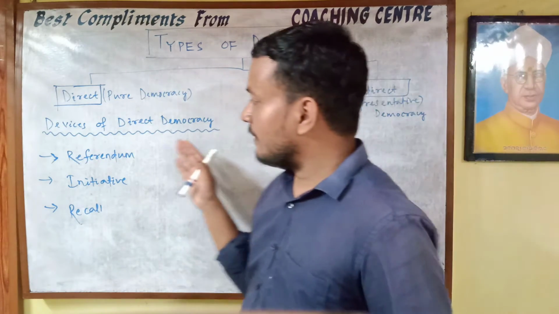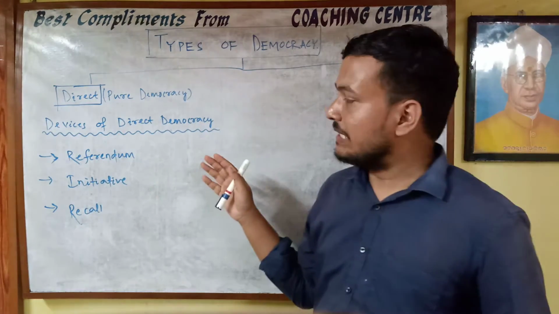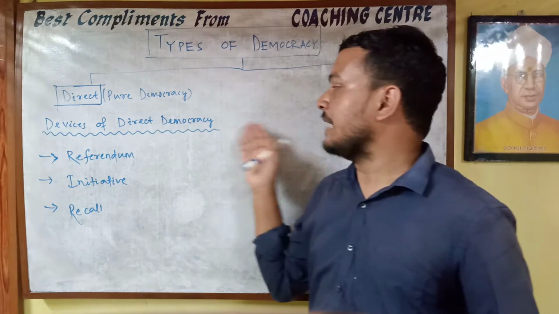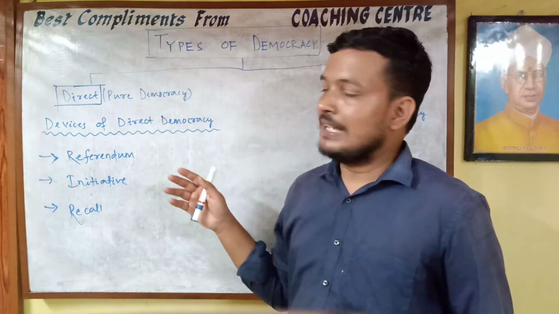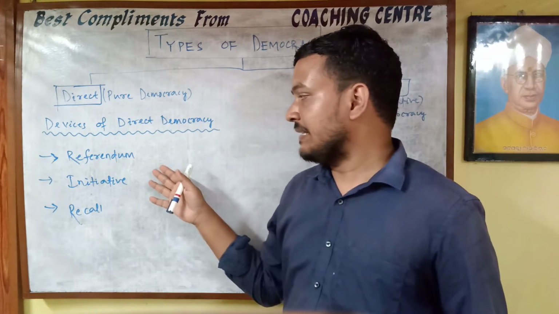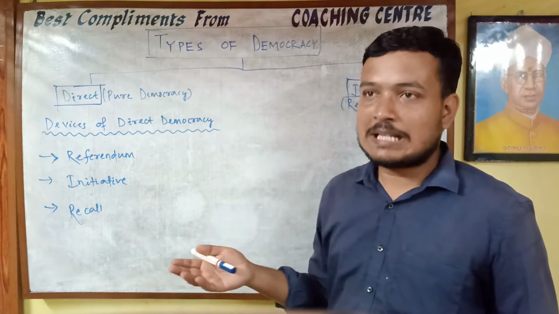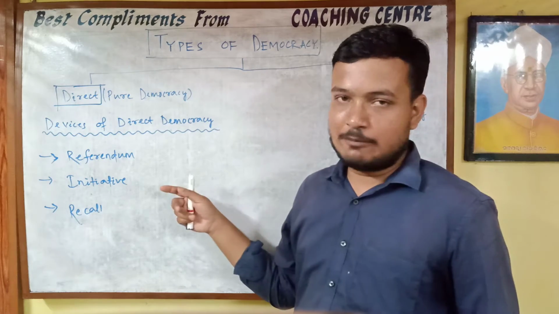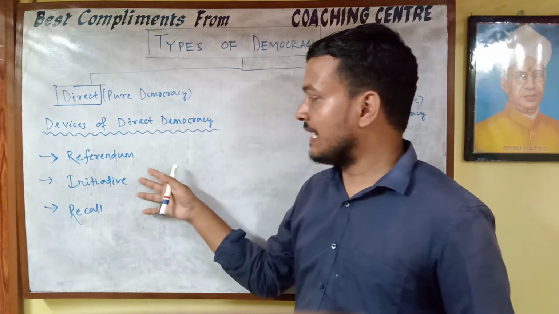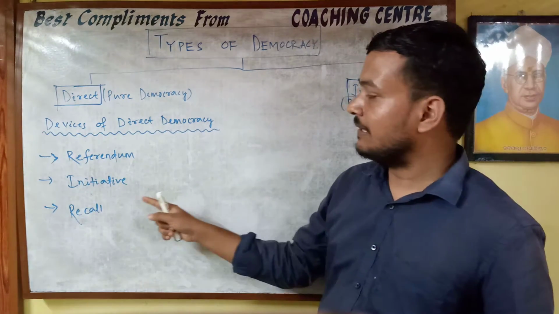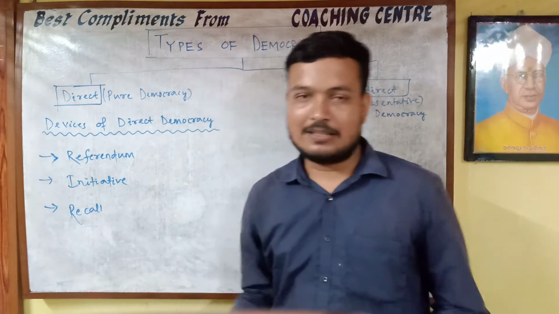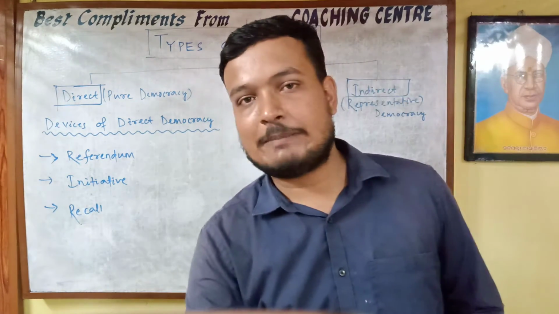In direct democracy, we will also discuss the devices of direct democracy. Basically there are three devices. In some books there are four devices, but in your council book, three devices are there: referendum, initiative, and recall.